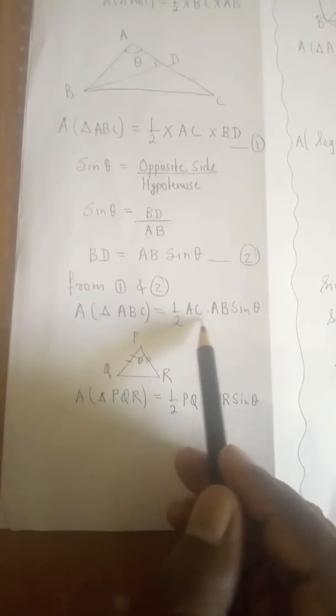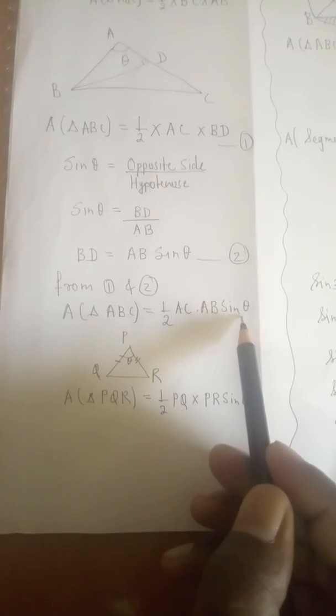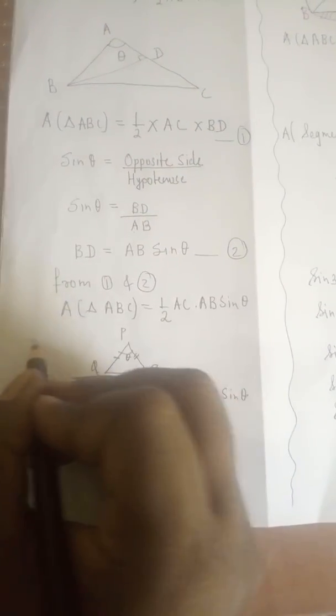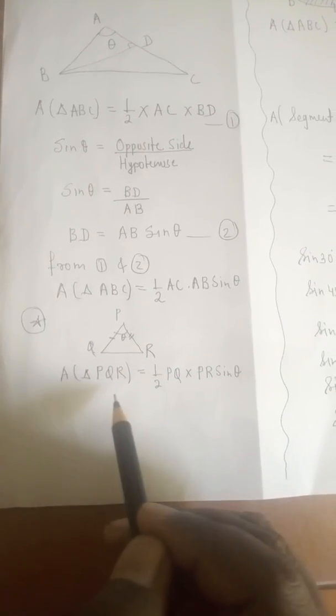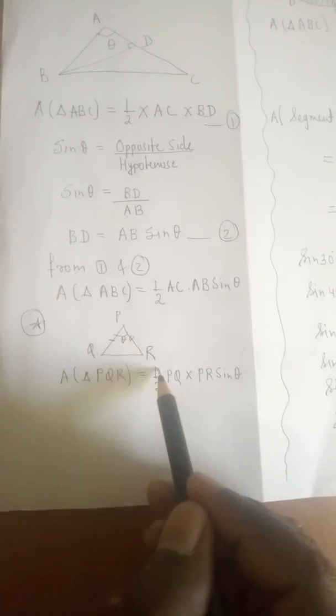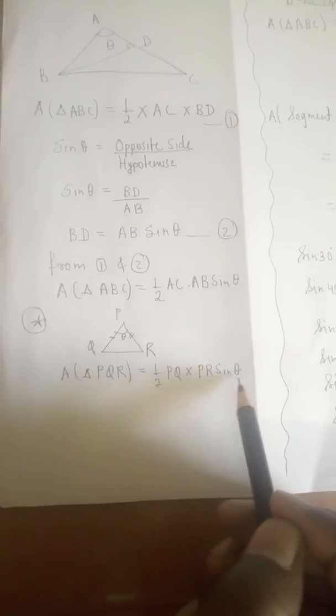That means the area of a triangle is half into first side into second side into sine ratio, right? So just to make you understand, instead of ABC I took another triangle PQR, where PQ and PR are known and this theta is given. So the area of the triangle will be equal to half into PQ into PR sine theta.